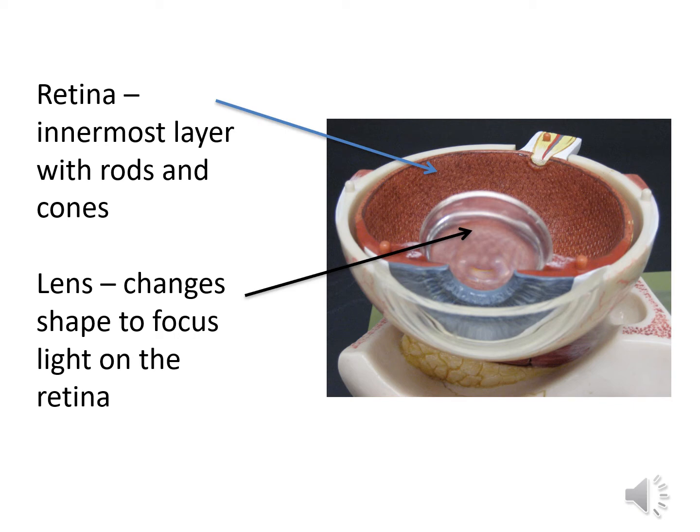How the lens focuses is a bit of science major stuff. The lens can be fatter, and you would use a fatter, thicker lens to look at things that are up close. If you need to look at something that's farther away, there are ciliary bodies and suspensory ligaments that will pull on the edges of the lens and make it a little thinner or flatter.